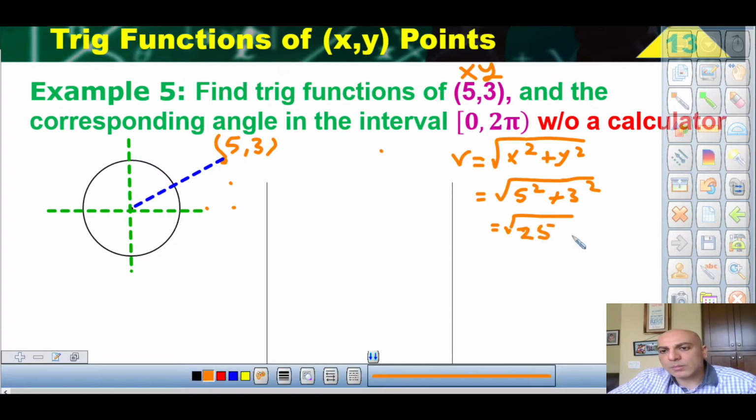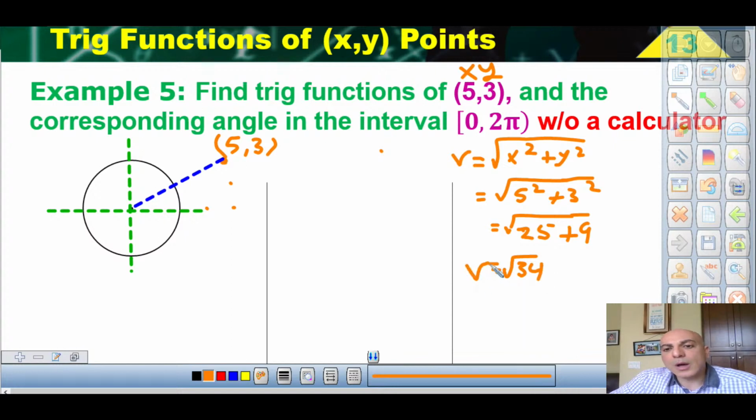I'm thinking ahead. 25 plus 9 is how much? Well, it turns out you have a not so friendly number, 34. It's okay. There's no problem with that.